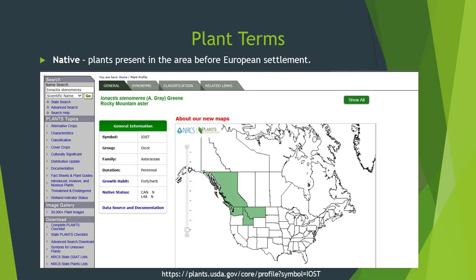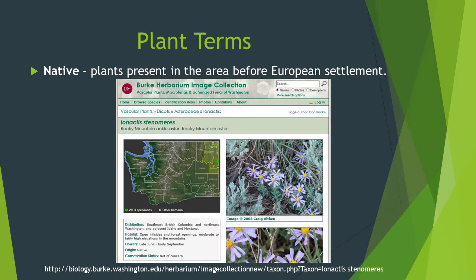You want to make sure that when you're selecting native plants that they're native to your specific region and that they are adapted to a habitat that is similar to the habitat you'd find within a bioretention cell. This is the same plant, the Rocky Mountain aster, but on the Burke Museum's database.